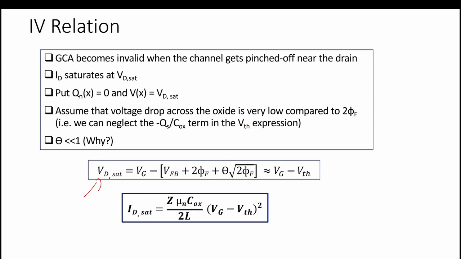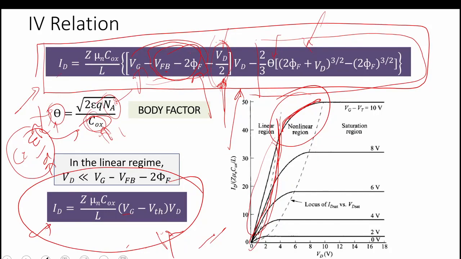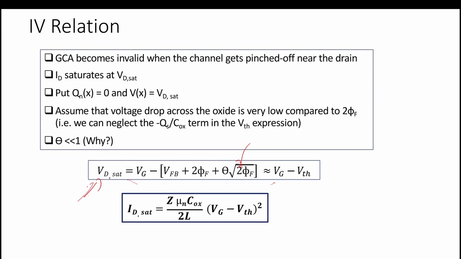From the body factor term, which can be neglected, the saturation voltage will be V_G minus V_FB minus the other term, which is nothing but the threshold voltage only.